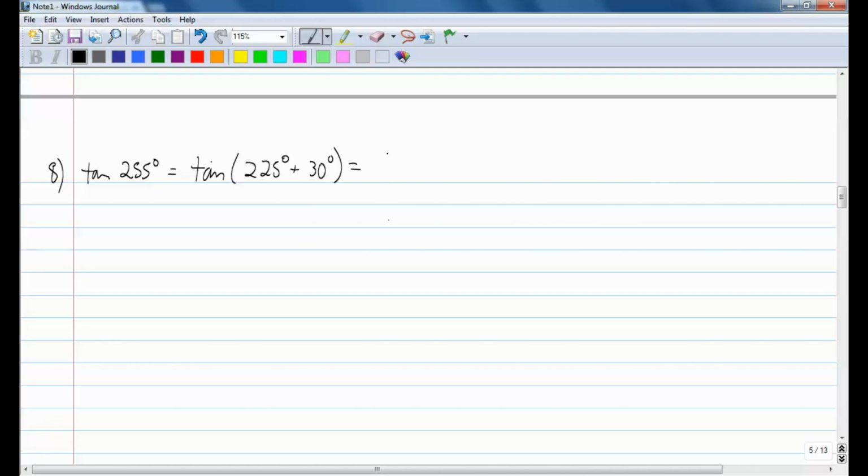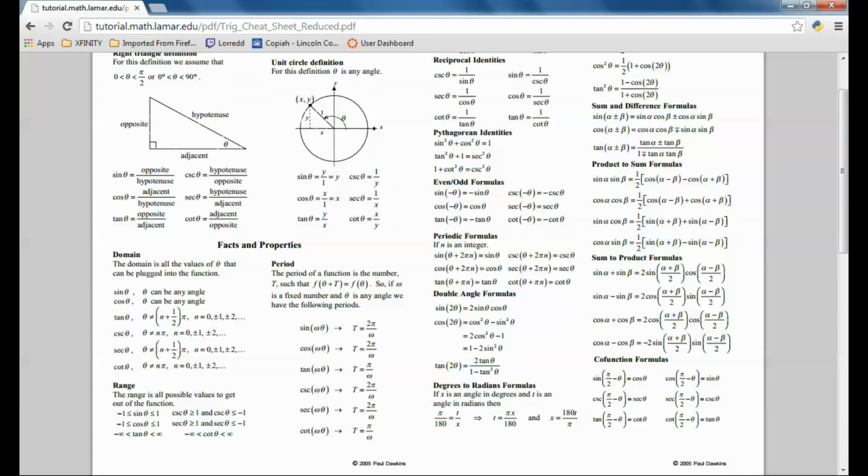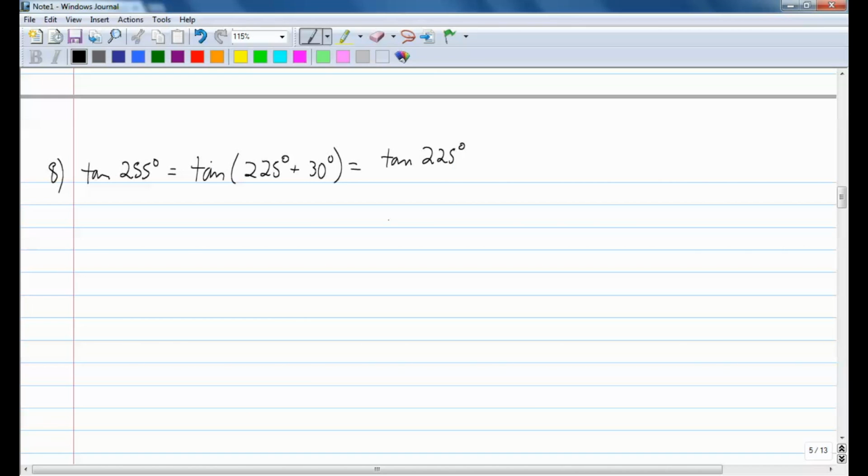And the formula is tangent alpha, so tangent 225 degrees. And then you have to be careful with the formula sheet: when this is plus up here, this is minus down here. Alright, so it's going to be plus tangent of 30 degrees over 1 minus tangent of 225 degrees times the tangent of 30 degrees.